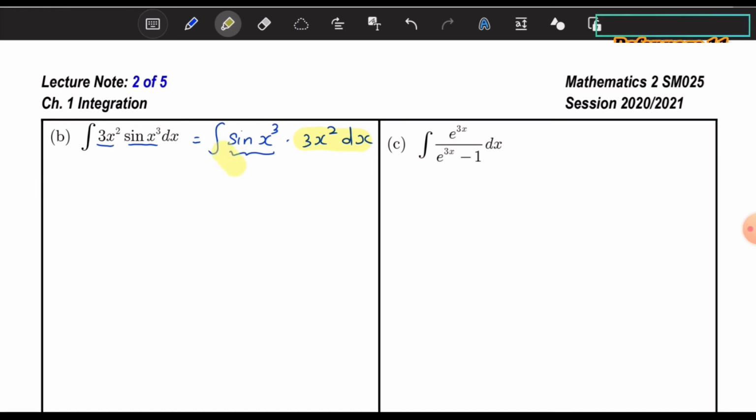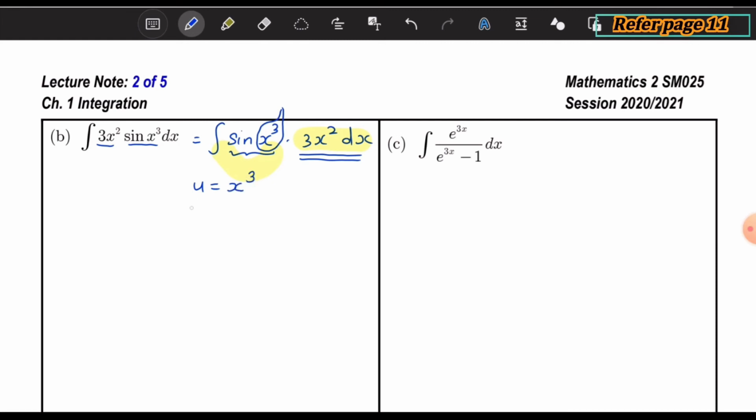If we take u as the whole function and try to differentiate, we will get cos. Whereas our function at the back has no cos term. So, for this case, we will use the angle of the trigo function as u. So, we use u equals x cubed.